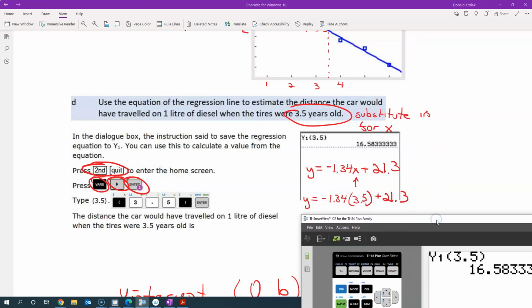So the distance you would travel on 1 liter would be 15.6 kilometers.